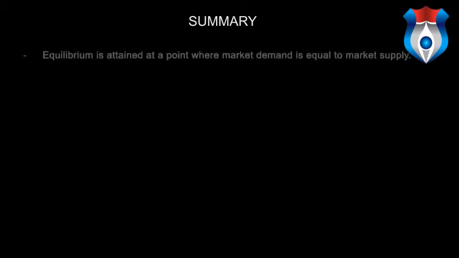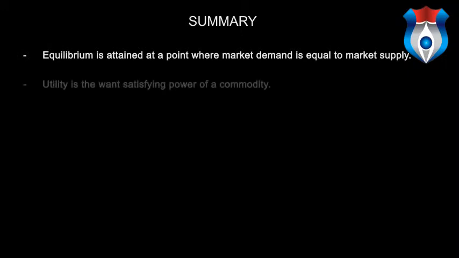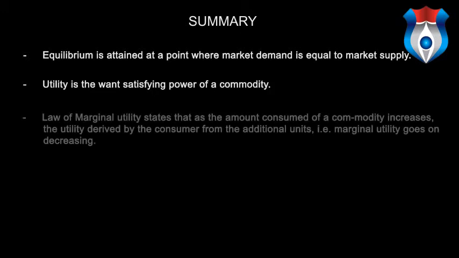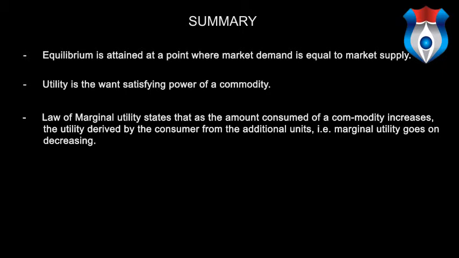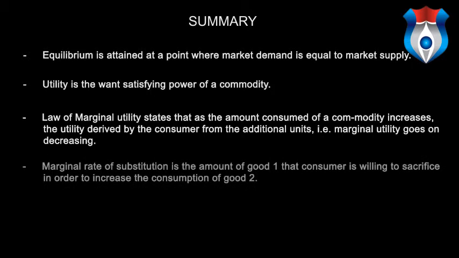Summary. Now in the end, let us summarize what we have learnt in this lecture. Equilibrium is attained at a point where market demand is equal to market supply. Utility is the want satisfying power of a commodity. Law of marginal utility states that as the amount consumed of a commodity increases, the utility derived by the consumer from the additional units, that is marginal utility, goes on decreasing.